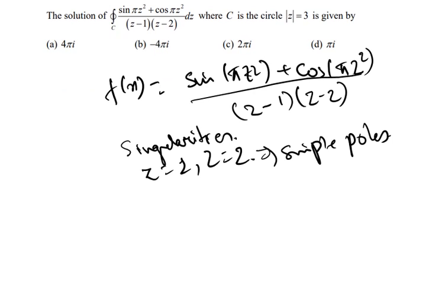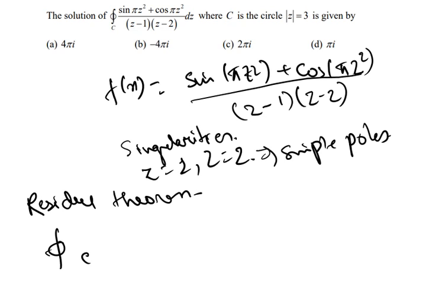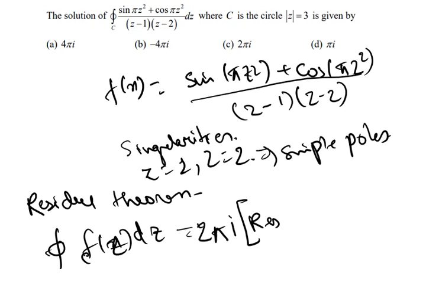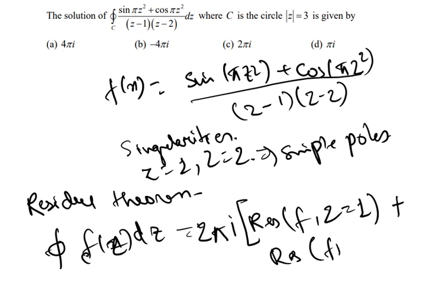As per the residue theorem, the closed integral of f(z) dz over c will be 2πi times the residue of f at z equal to 1 plus the residue of f at z equal to 2.